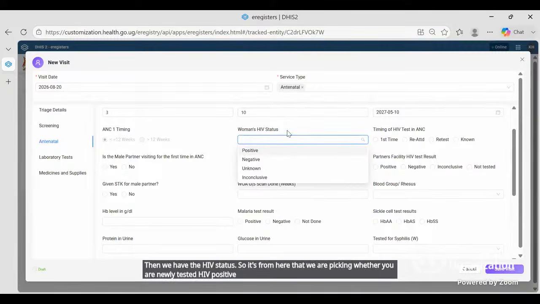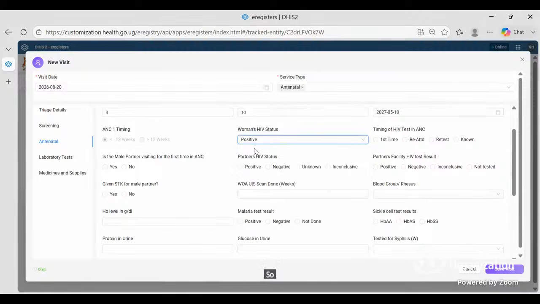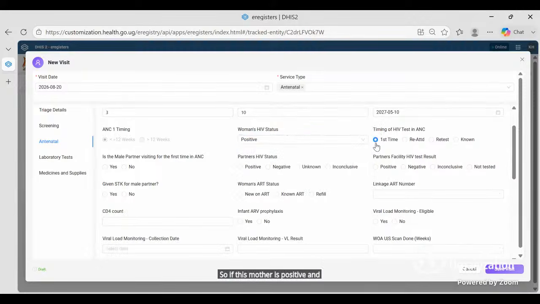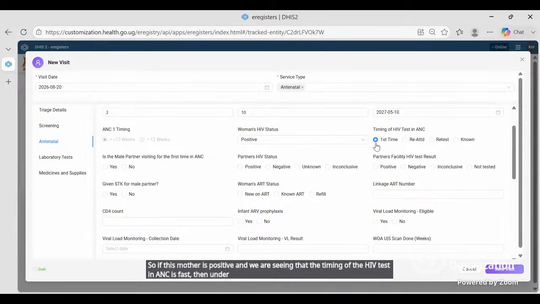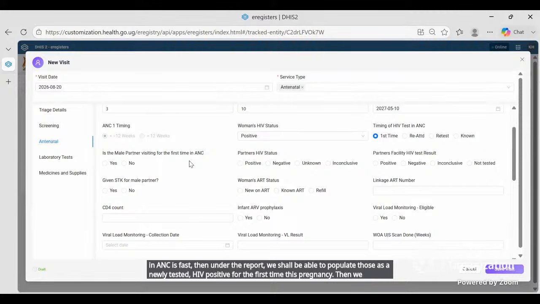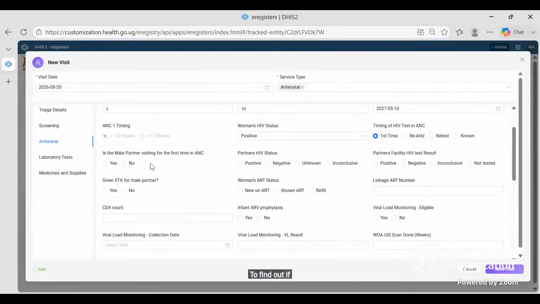We combine the HIV status and we expect that at this point, you're running an HIV test for this mother. So if this mother is positive, and we are seeing that the timing of the HIV test in ANC is first, then under the report, we shall be able to populate those as newly tested HIV positive for the first time this pregnancy.